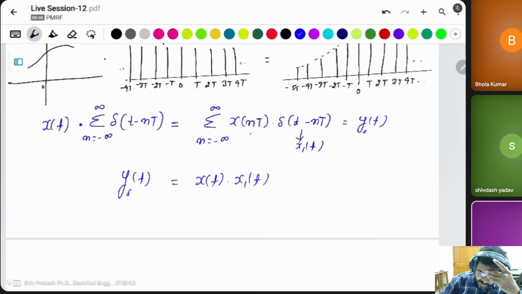This is x(t), and this is x1(t). Multiplication in the time domain goes to convolution in the frequency domain.